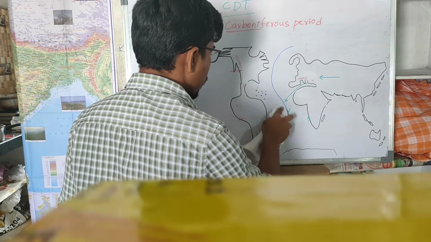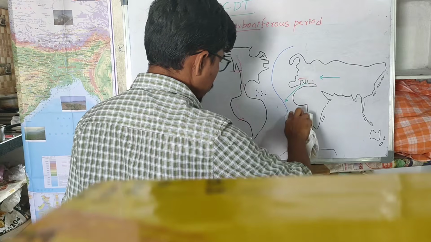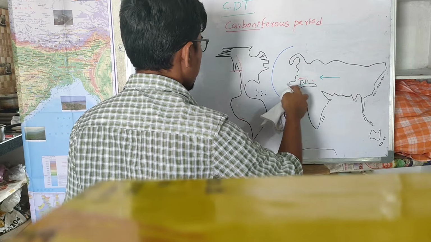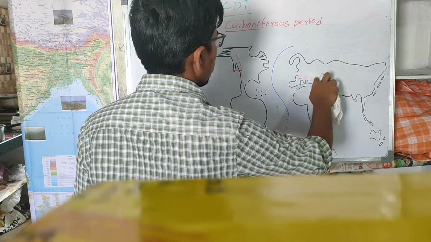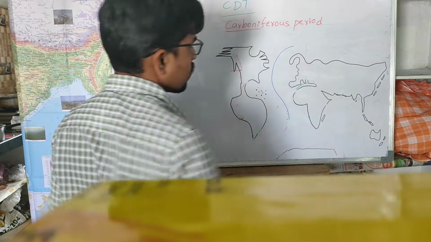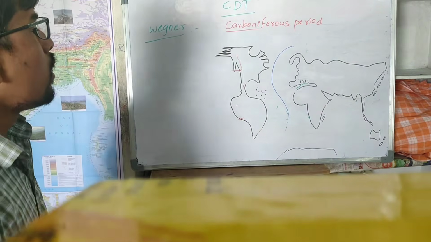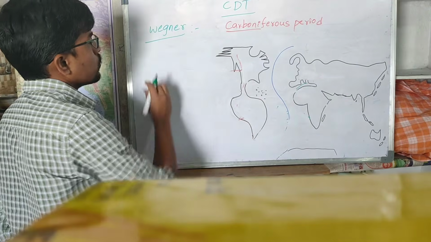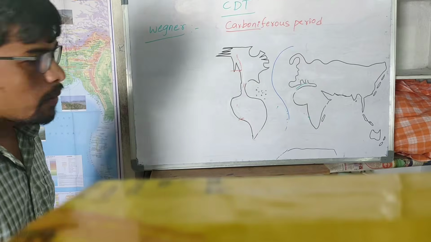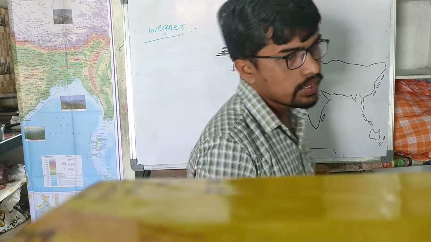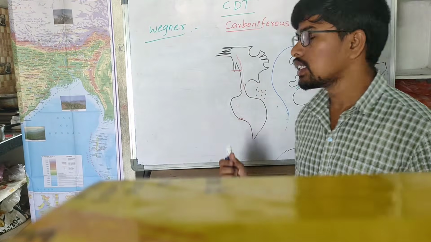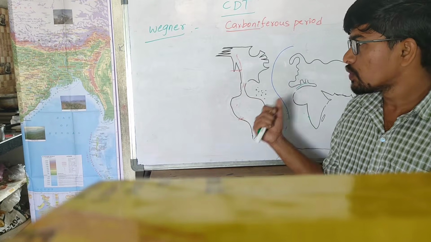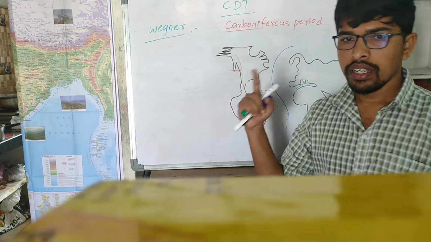In the Carboniferous period, a glaciation occurred, which is also evidence for this. So this is how the continents, mountains, and oceans are formed due to the tidal force and the gravitational force, as explained by Wegener.